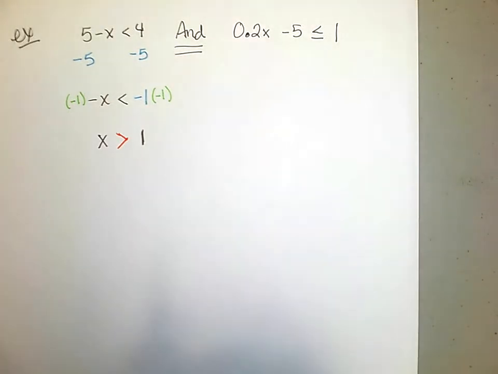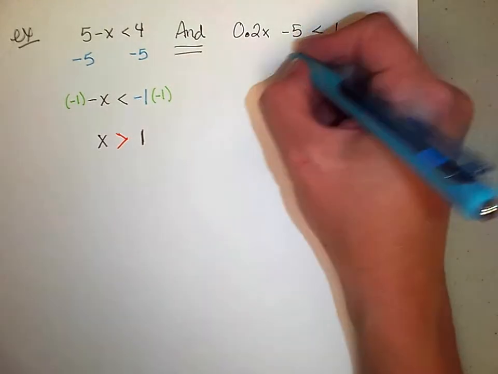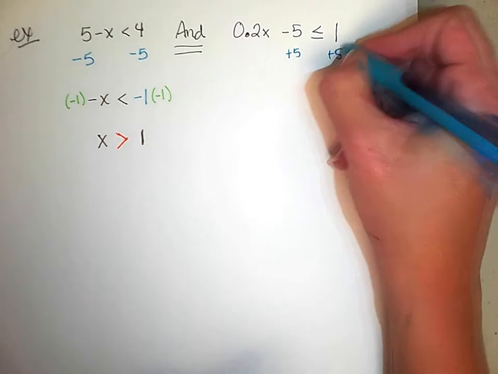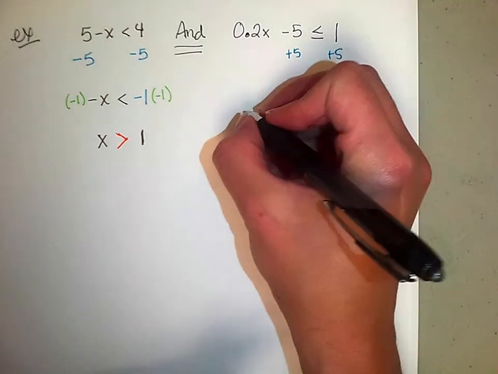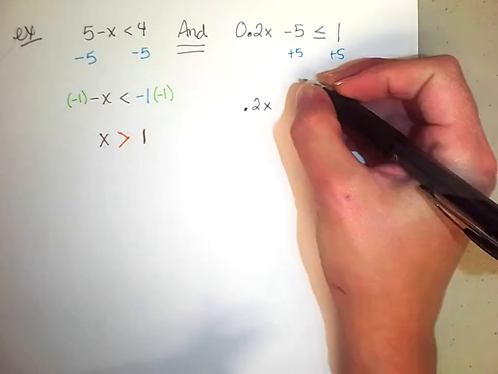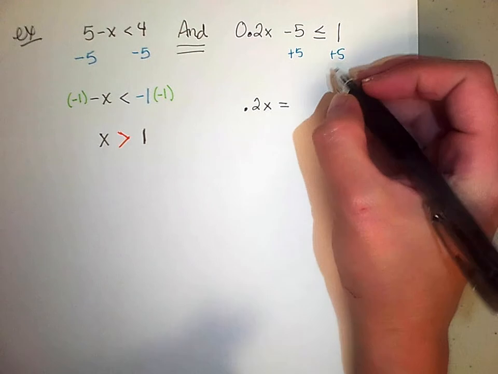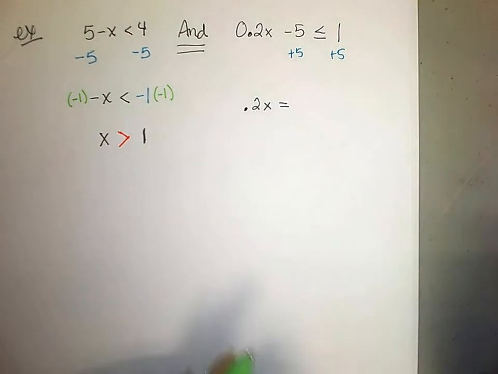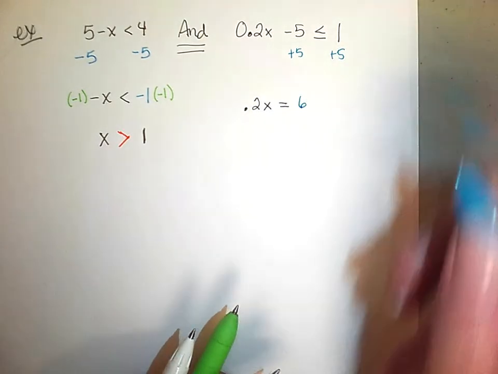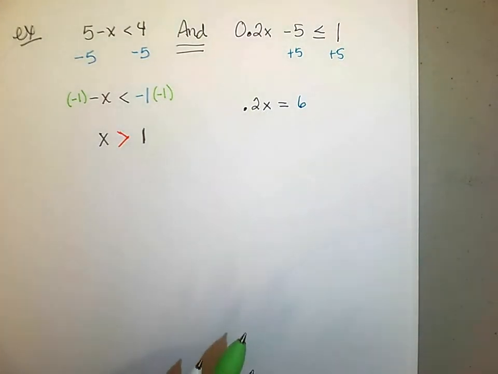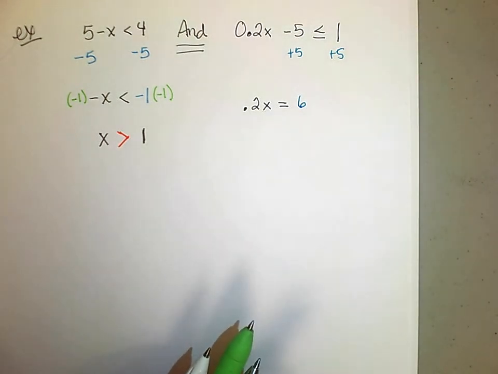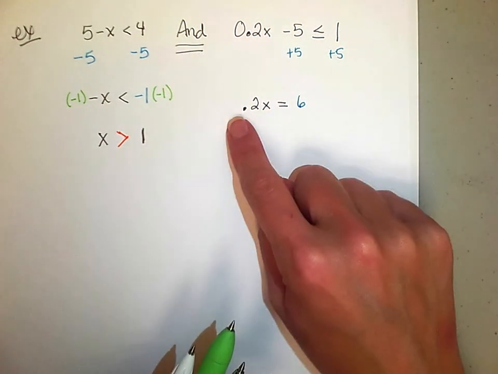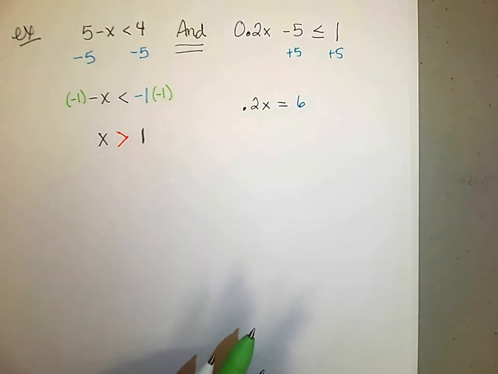Okay. Now let's solve here. We're going to add 5 to both sides. So 0.2x is equal to 6. Did I do that right? Yeah, plus 5. Now, I don't want to go dividing by a decimal. It's not necessarily how I'd like to do that.